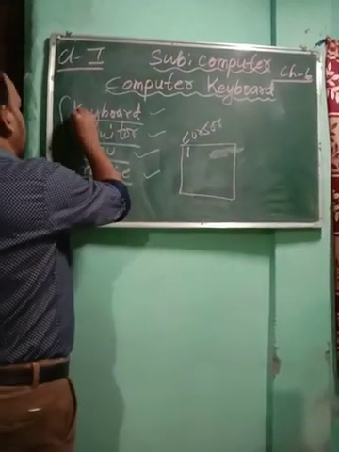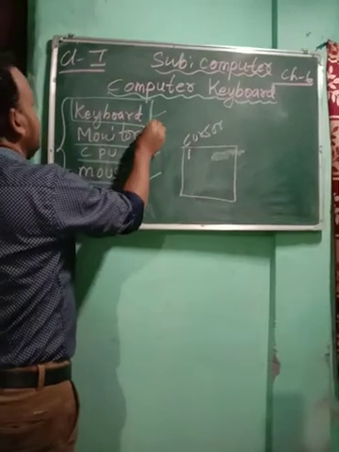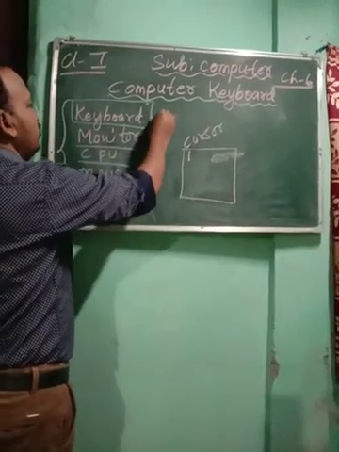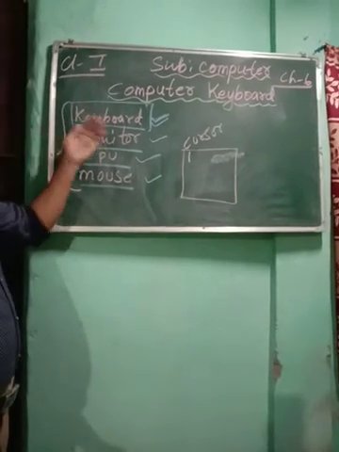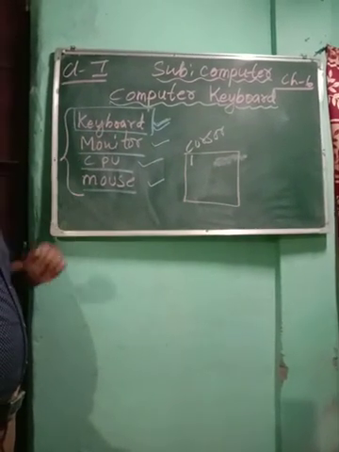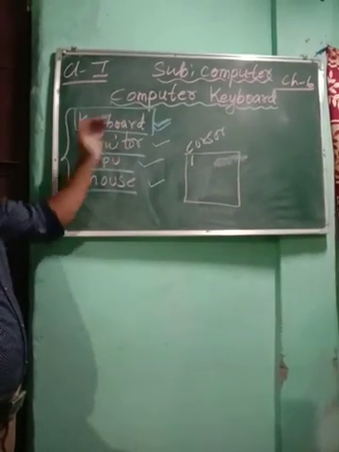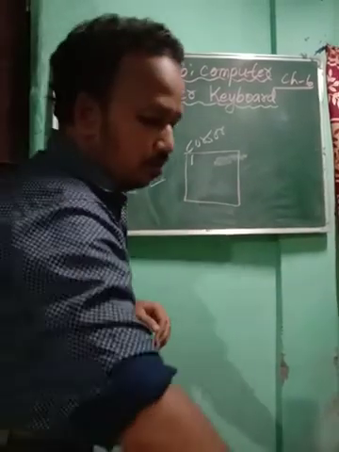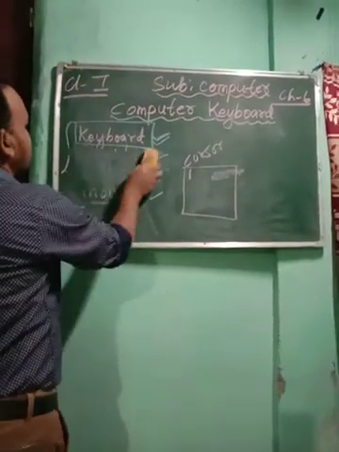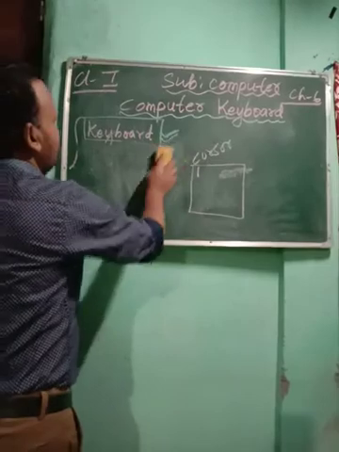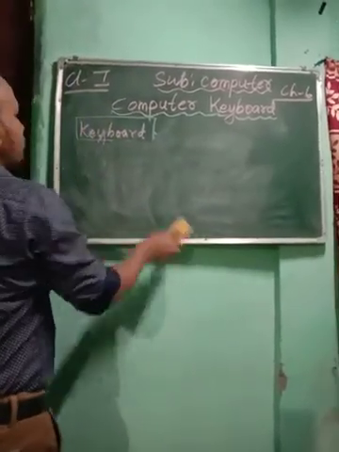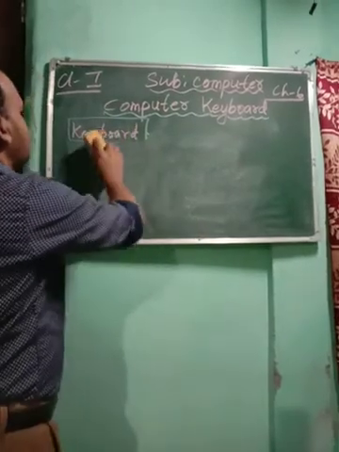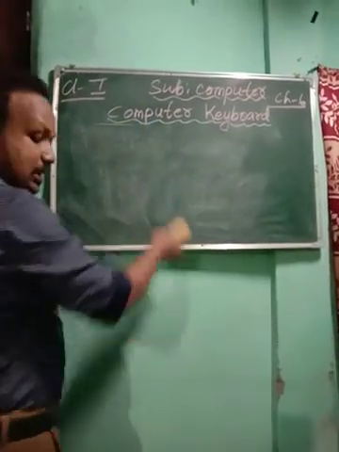Today we are going to learn about the keyboard, which is also a very important part of a computer. Today we will study the keyboard in detail, and the others we will study later on.